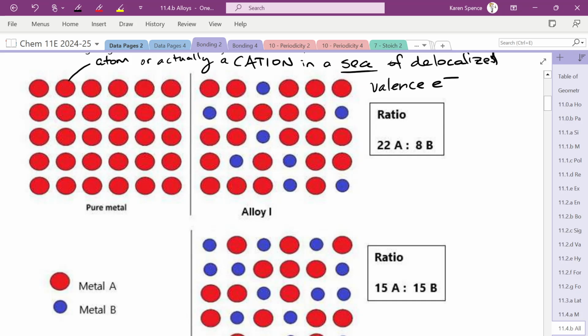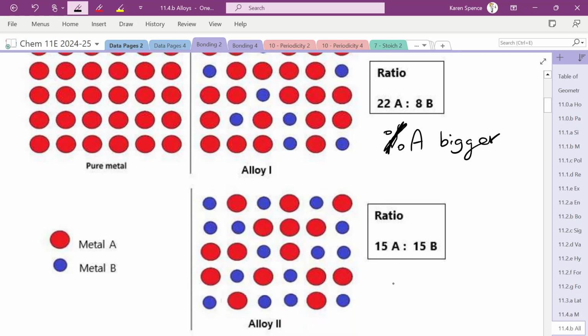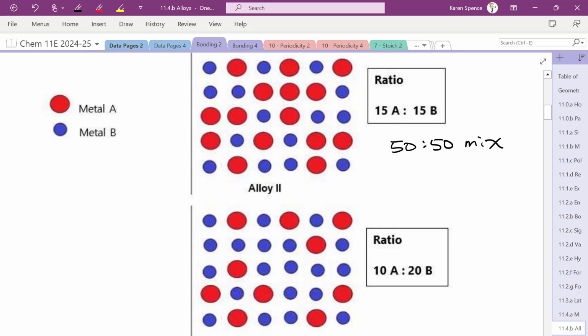We could have alloy 1, which has more A. We could have it where it's a 50-50 mix. That's a different alloy. We could have a 1-to-2 mix.